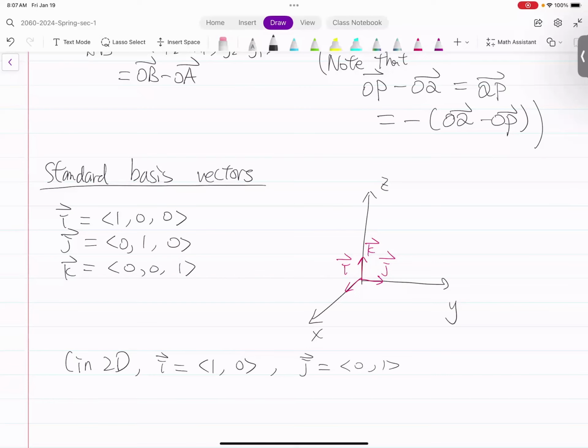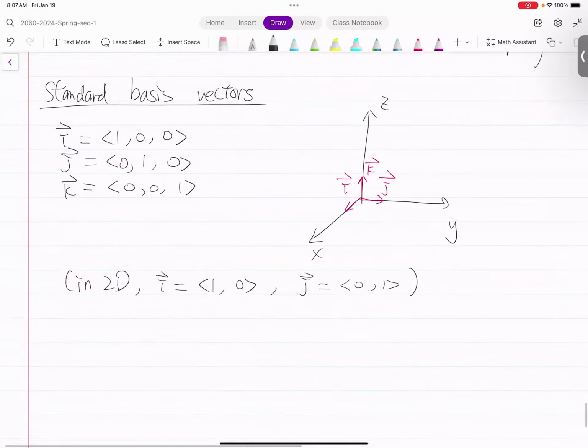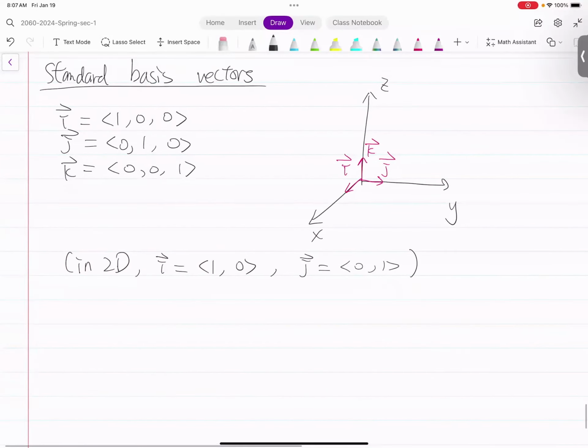For the standard basis, you see in the figure that these 3 vectors are perpendicular to each other, and it's the same thing in 2D. So i and j are perpendicular to each other. And as a fact, every vector can be represented in terms of the standard basis.